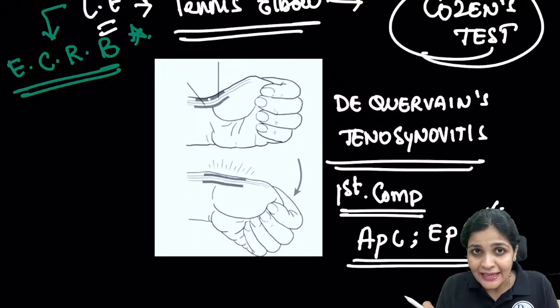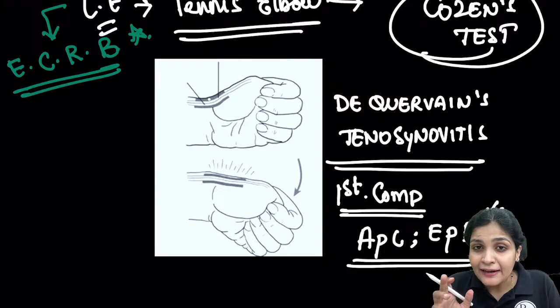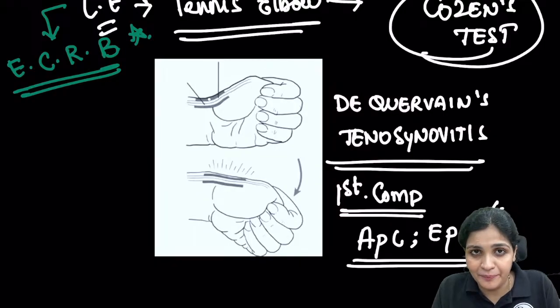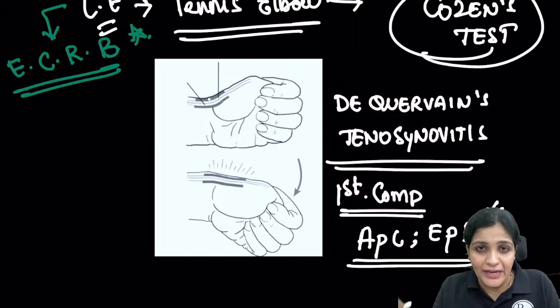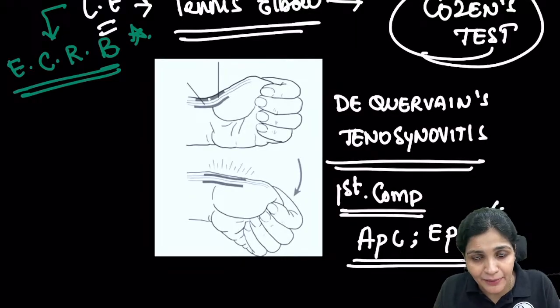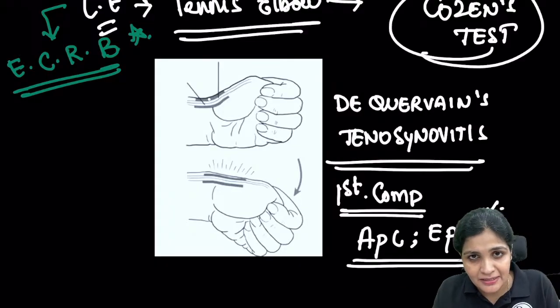tenosynovitis. What is the importance of the tenosynovitis? That means it is the tendon sheath which is covering the tendon that is inflamed. Understood? Not the tendon. The synovium which is covering the tendon is inflamed, hence this is called tenosynovitis. Especially which tendons?